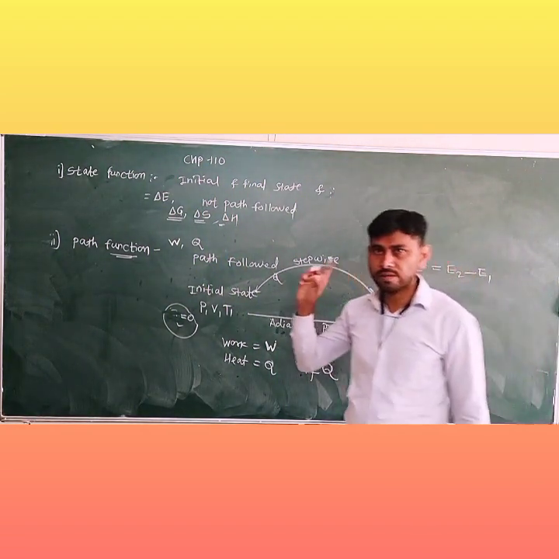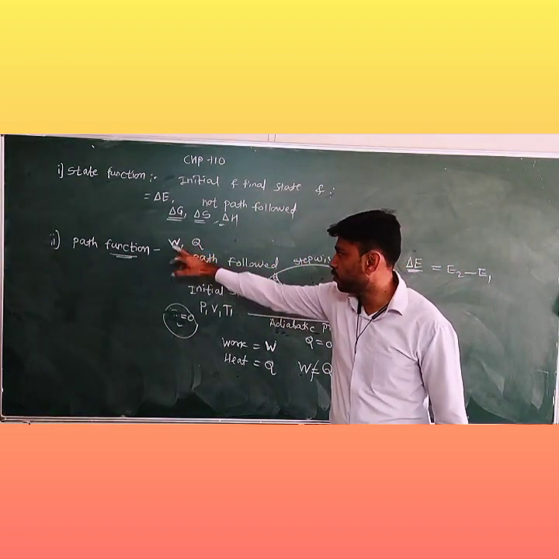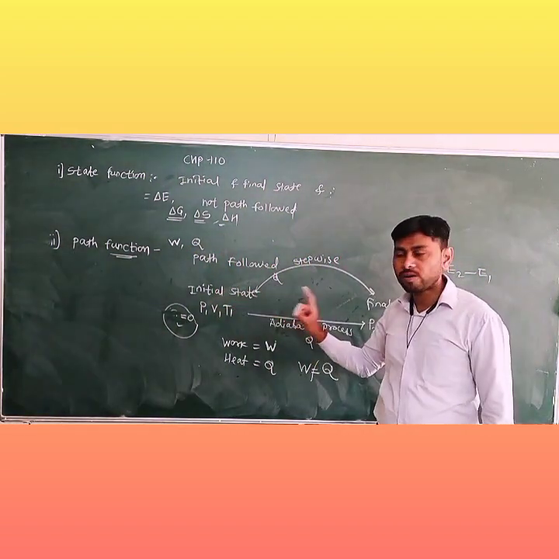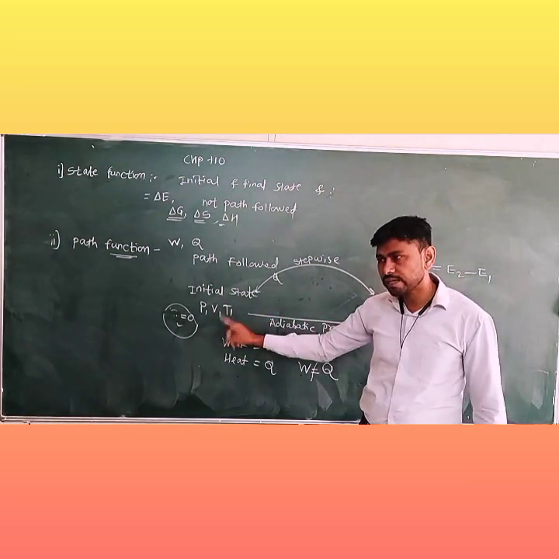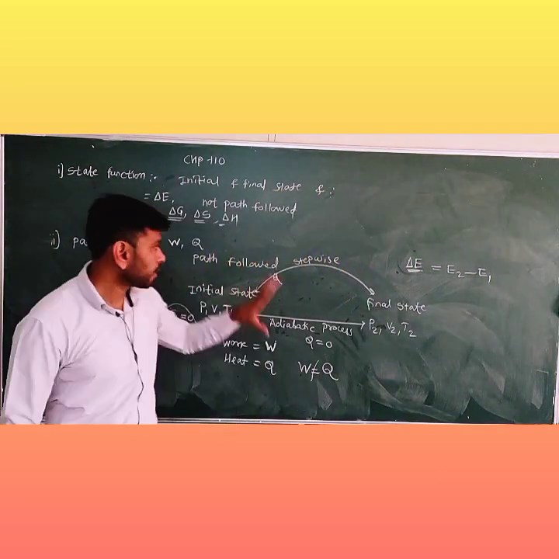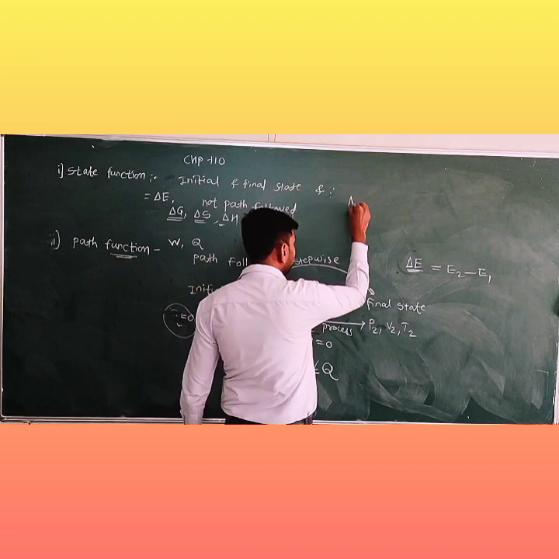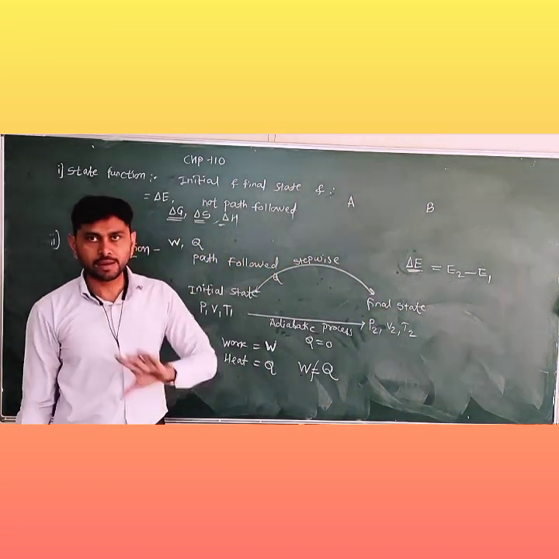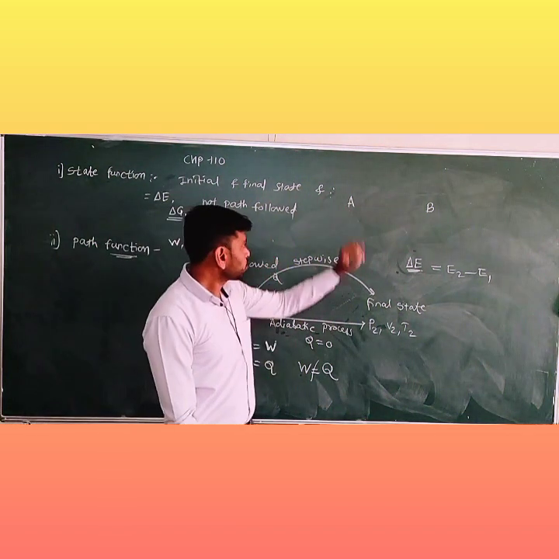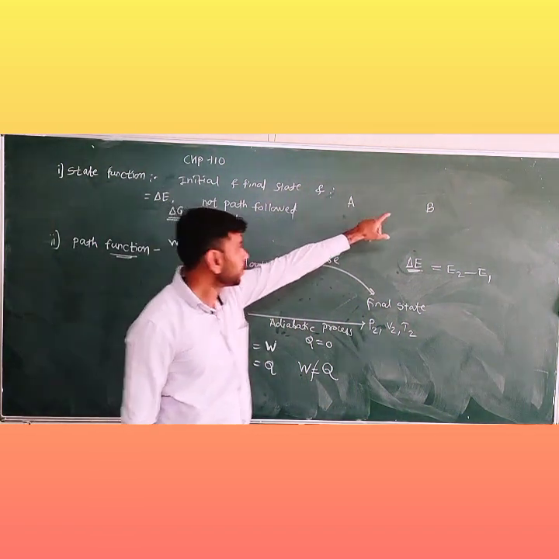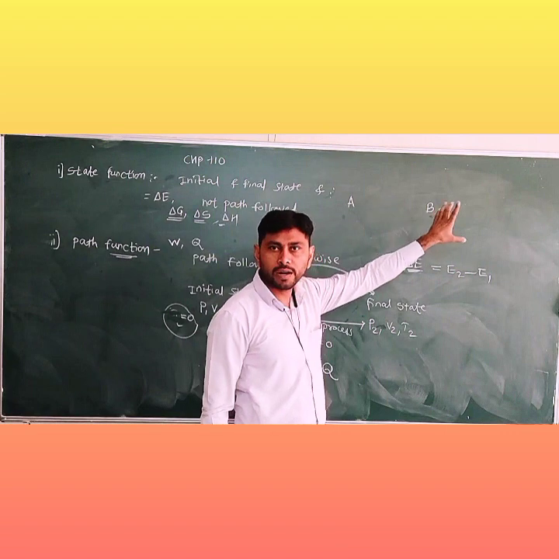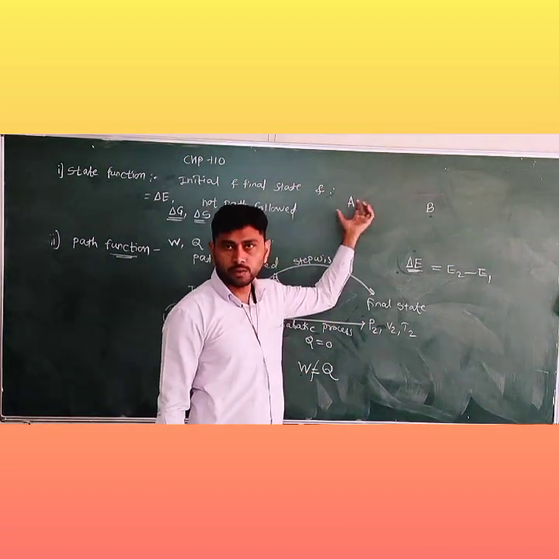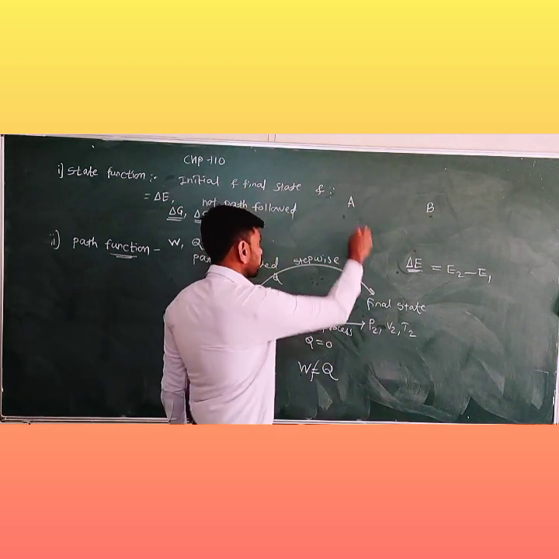And if we think about work and heat, why are work and heat path dependent? Suppose I am taking a general example here, an example of work. If you are at state A and then after some time you are at state B, another destination or point.